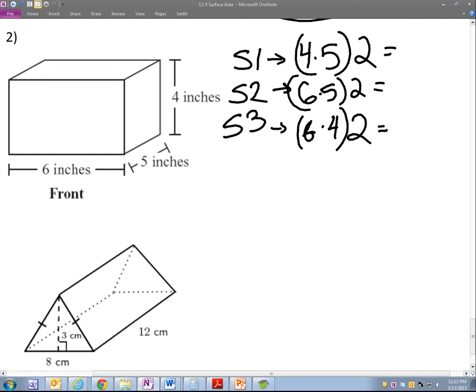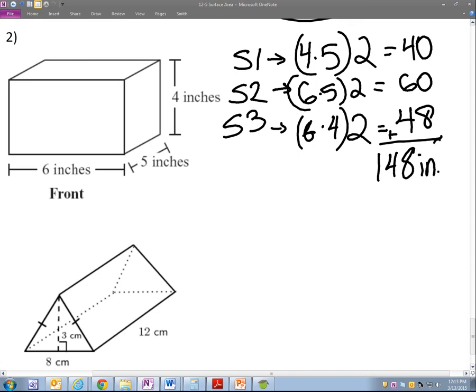So 20 times 2 is 40. 6 times 5 is 30, times 2 is 60. 6 times 4 is 24, times 2 is 48. Inches squared. So this side here is the 4 by 5. Okay.